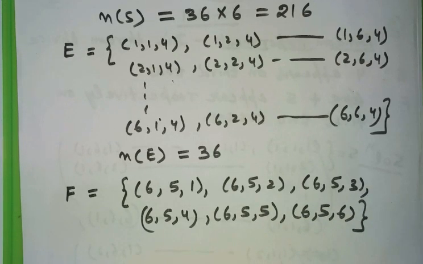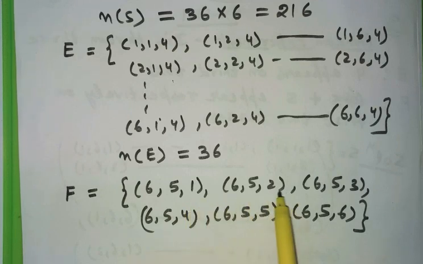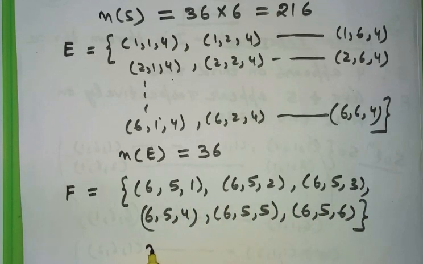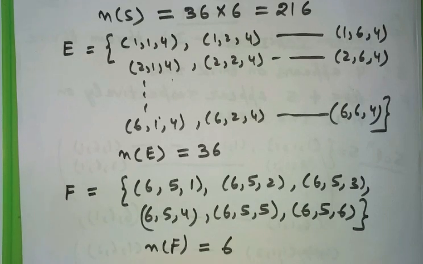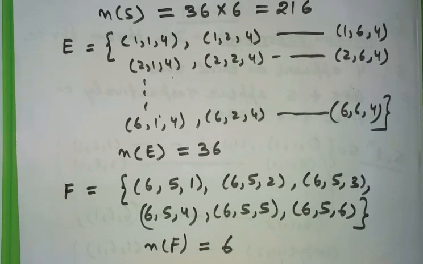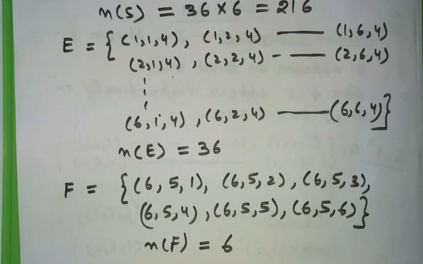So first two places were fixed by 6 and 5, and the last place could take any value 1, 2, 3, 4, 5, 6. So the number of elements in the set F comes out to be 6 also.